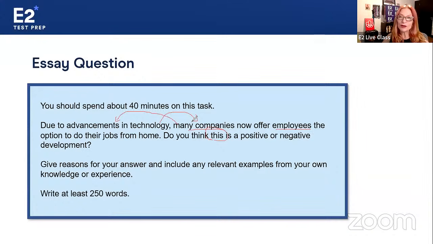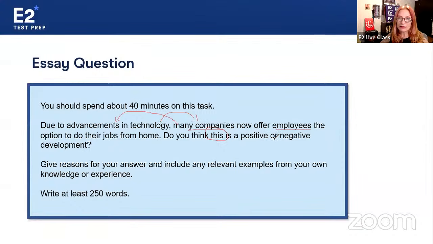So in order for you to cover this question fully, you need to deal with the advancements in technology, the companies offering employees the opportunity to work from home or from anywhere, in fact, right? And then positive or negative.